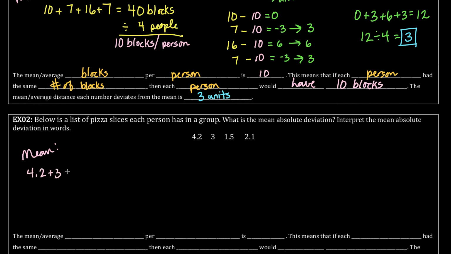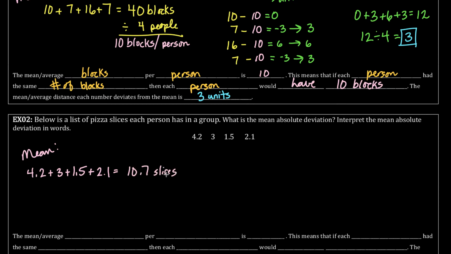4.2 plus 3 plus 1.5 plus 2.1. So 4.2 plus 3 plus 1.5 plus 2.1, and I get 10.7 slices.